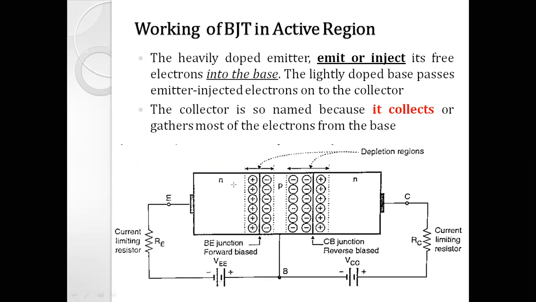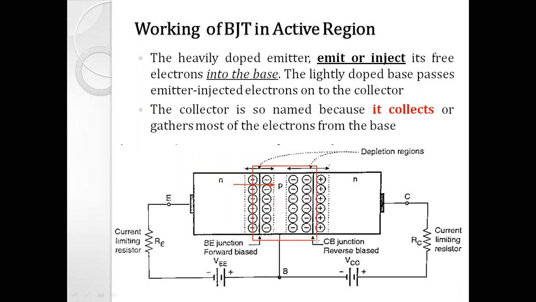So most of the electrons from the emitter cross this base emitter junction and enter into the base region, which is the P layer region. From the construction point of view, we understood that this base region is a lightly doped region. Compared to emitter and collector, the doping level of the P region, I mean to say the base region, is very less.